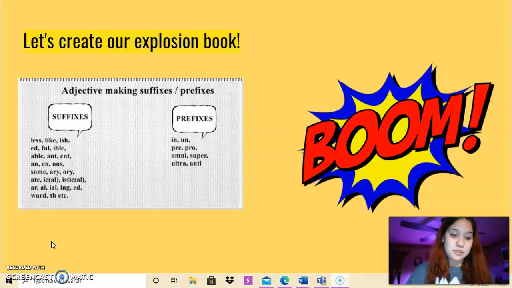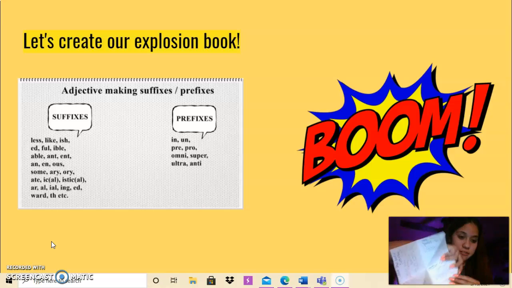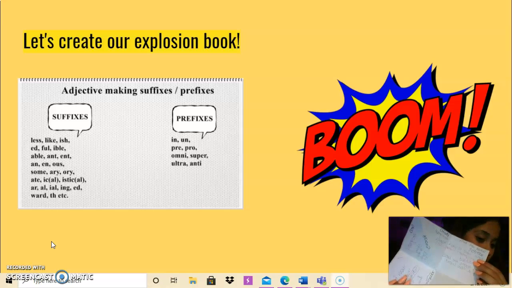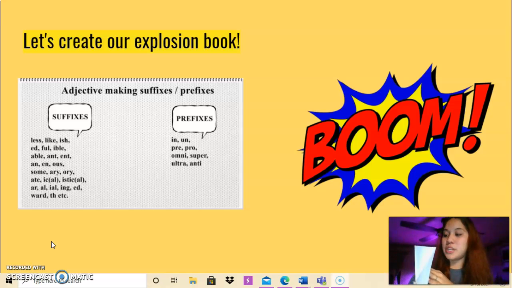Okay, and once you guys do the middle one, we're going to have the last one, which is again another 4, and this one is about root words, which we just learned about. So on this square on the right, you're going to answer what are root words using your own definition.